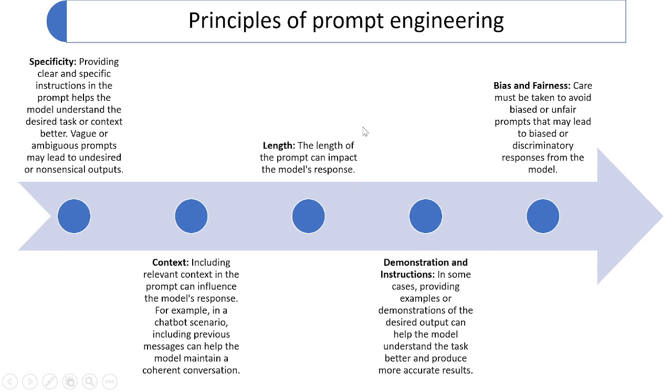So these are all the main principles of prompt engineering. One is specificity: whatever prompt you are giving to the LLM models should be specific and contextual, and the length will matter. Then bias and fairness to avoid unusual prompts to the LLM models, and we'll discuss demonstration and instruction in a later slide.